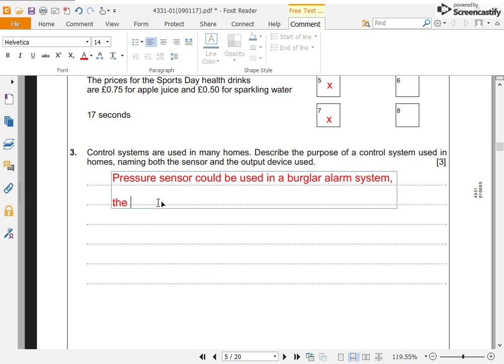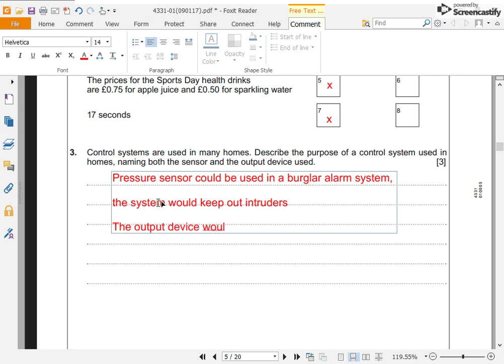The system would keep out intruders. There's one more thing I need to do for that third mark. The output device would be a light or siren or speaker.